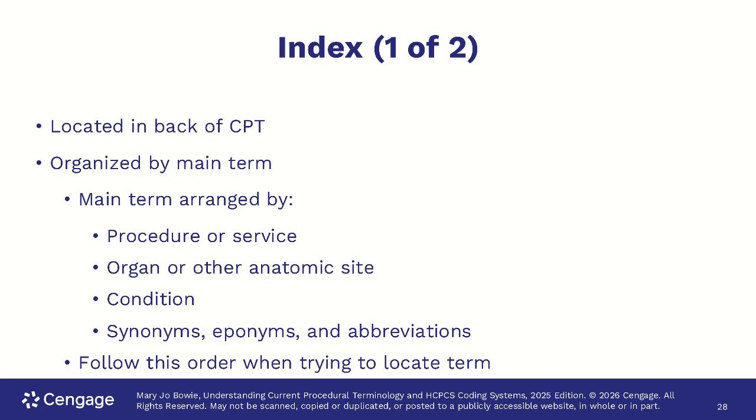All right, so the index is organized by main term. If you're looking in the index, the main terms are in blue letters. So, for example, the first one, and I don't have my glasses, so I know abdomen is there. It's not the first one, that's the second one, but that is the main term.